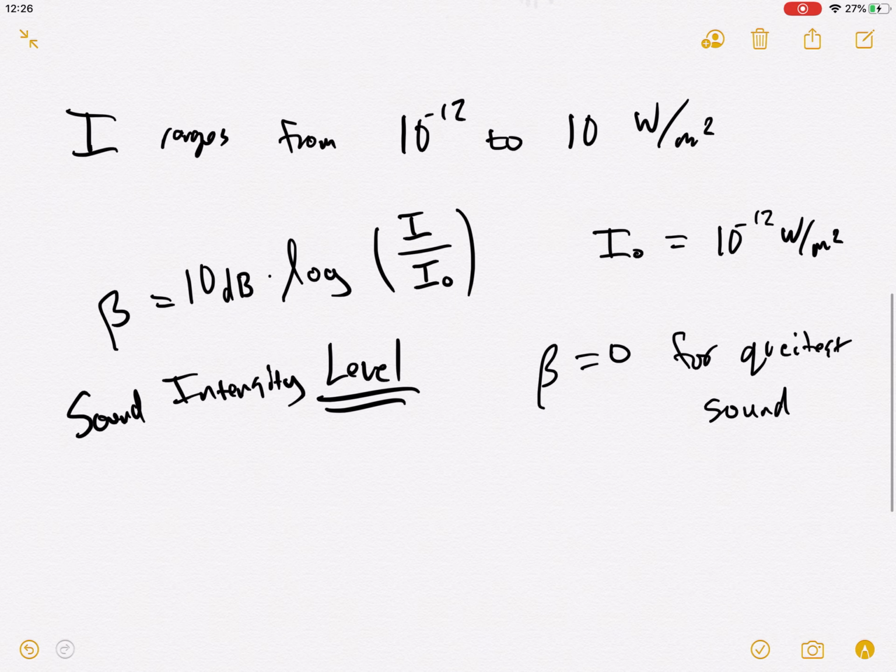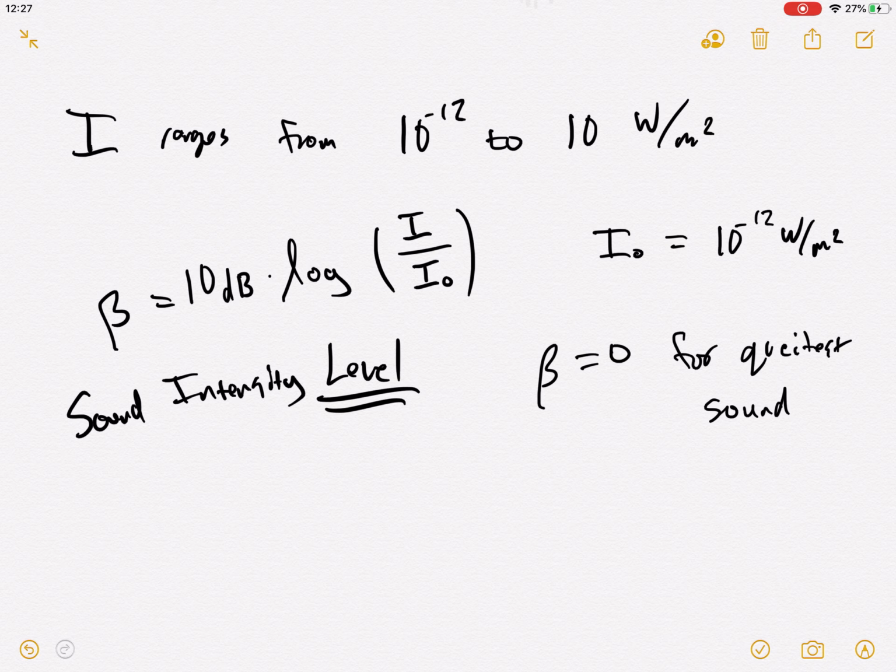Certainly there are animals that can hear outside of this range, but they're not using the scale, so let's design it for us. And if we go up to, let's say, 1 watt, 1 divided by 10 to the minus 12 is just 10 to the 12.